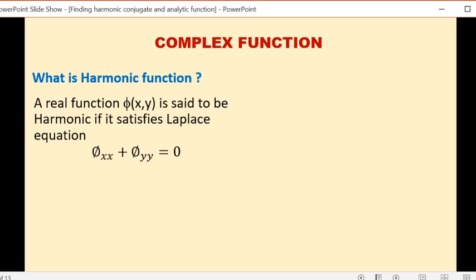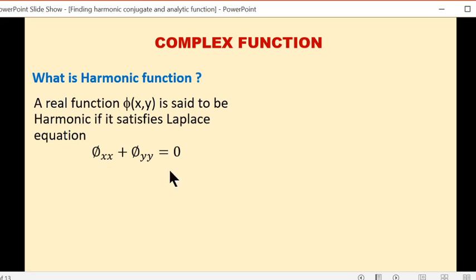A real function phi in x and y is said to be harmonic if it satisfies Laplace equation, and Laplace equation is second order partial derivative of phi with respect to x plus second order partial derivative of phi with respect to y is equal to 0.